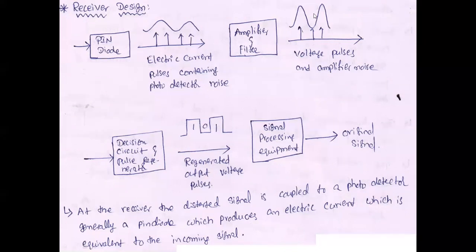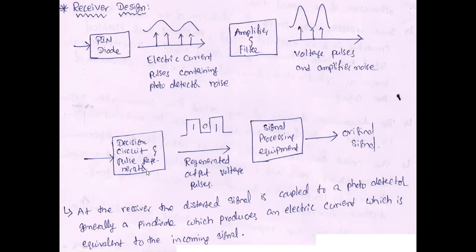Next, the output of the amplifier and filter is given as input to the decision circuit and pulse regenerator. Here we have to decide whether the pulse is 0 or 1. Already you know the concept of the sampling theorem, which is used for conversion from analog to digital signal.